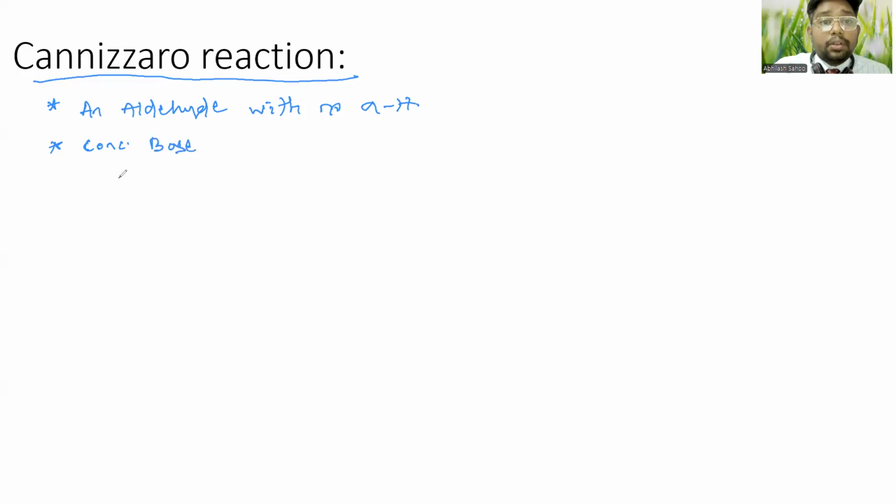Most of the time we use sodium hydroxide or KOH, and sometimes it is written as 50% KOH or 50% NaOH. 50% means it is concentrated, you can consider it as concentrated, no problem. So here you need an aldehyde with no alpha hydrogen and a concentrated base or alkali.